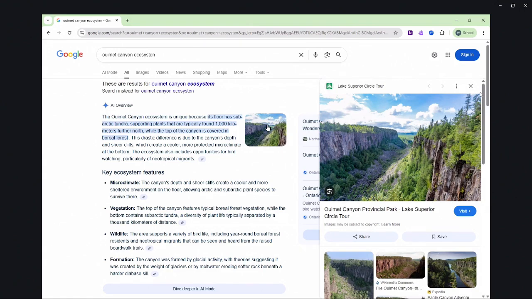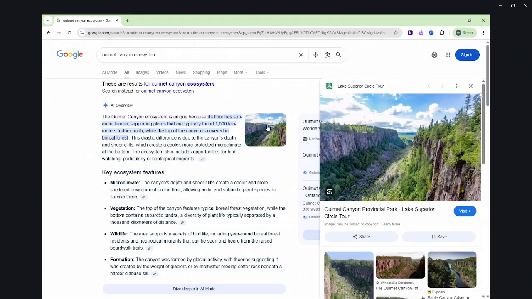It's on the other side of Thunder Bay, and it's got a walkway where you can walk out, you can look down, and you can see in the bottom of the canyon is a subarctic ecosystem. And at the top, it's just the one that we're used to. And the difference is quite drastic.